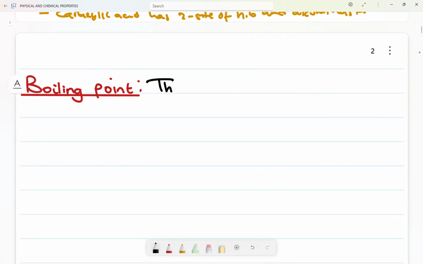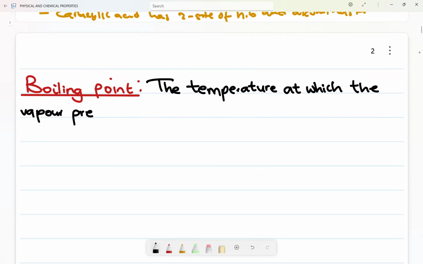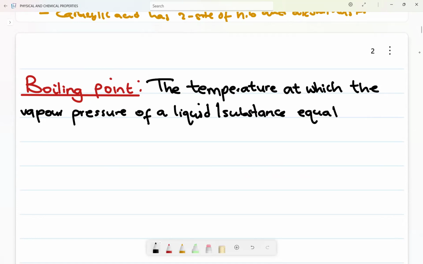It is the temperature, very important, the temperature at which the vapor pressure of a liquid, or rather substance, equals the atmospheric pressure. Atmospheric pressure is the pressure that we have externally.